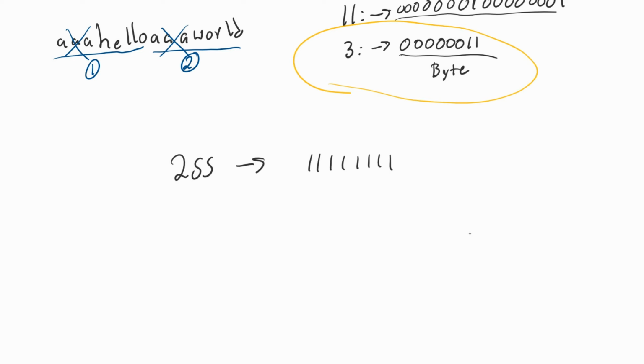What happens if I want to send 256? What will I have to do? Well, I would actually have to use 2 bytes in order to represent this number. I would have to say 0, 0, 0, 0, and then 0, 0, 0, 1, and then followed by, of course, my 8 1s.